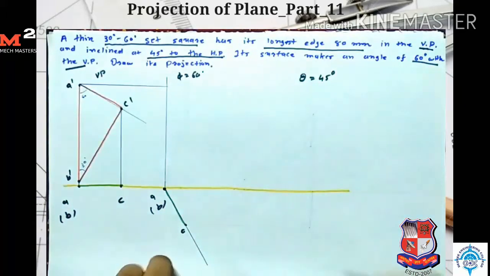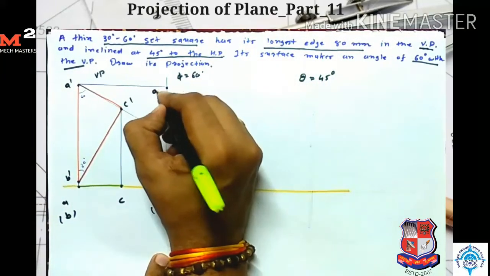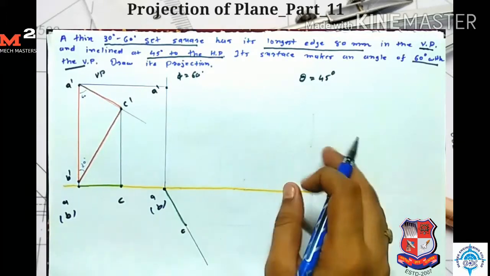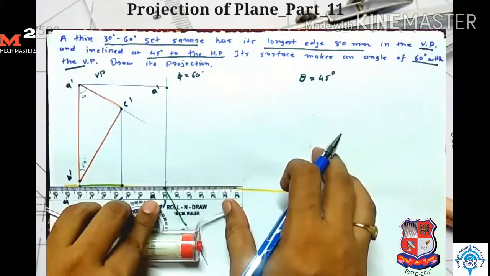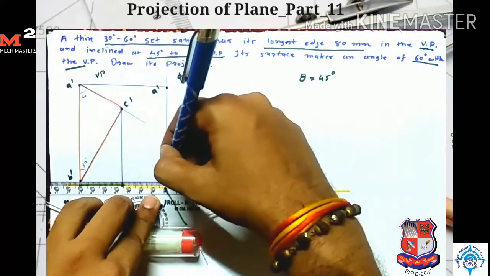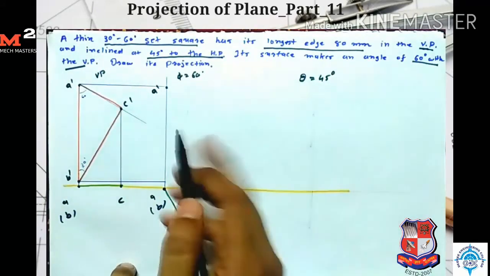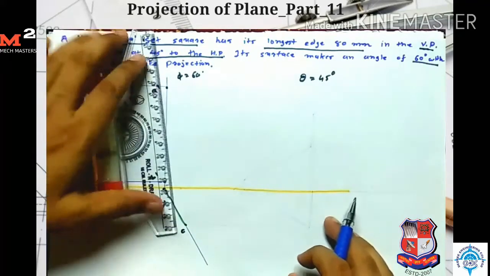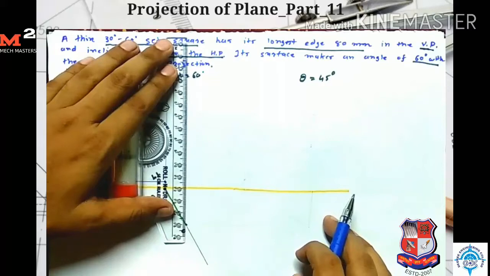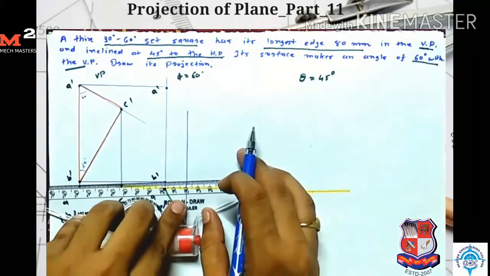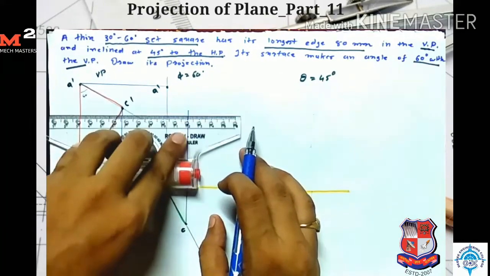So here I get my point A dash. Similarly for B point, I take the projection from here and from here. So here I get my point B dash. Now for point C, I take the projection from here and from here.